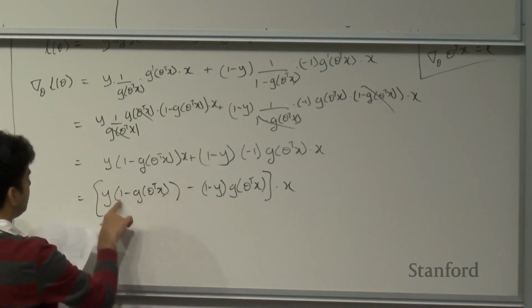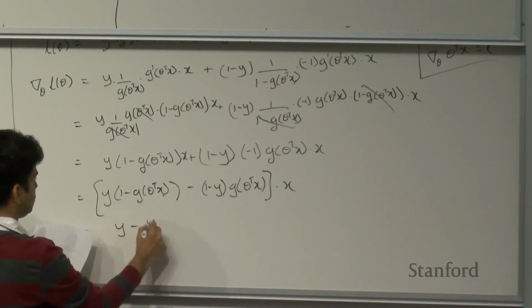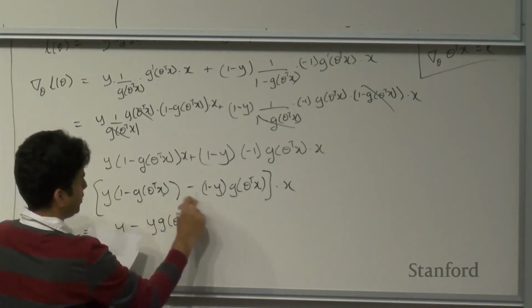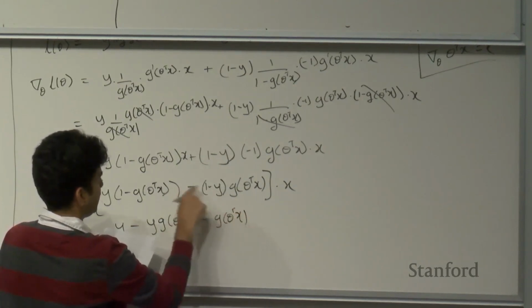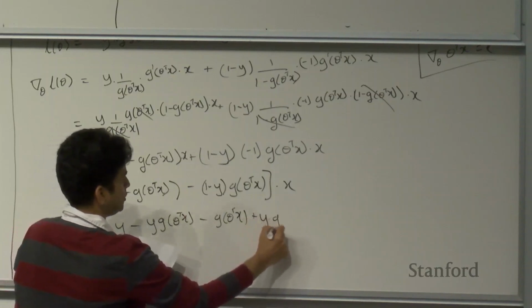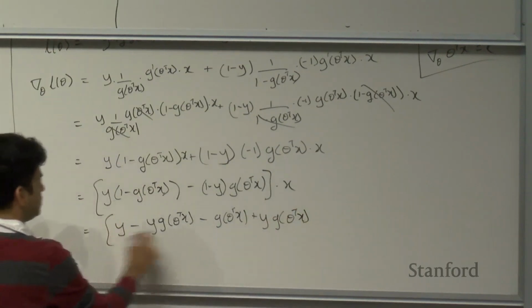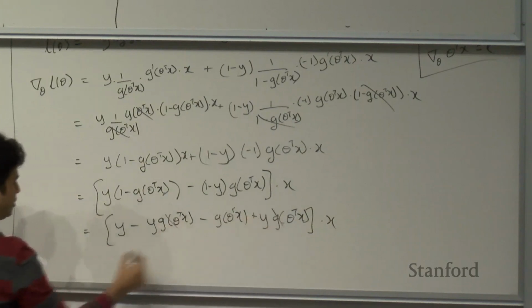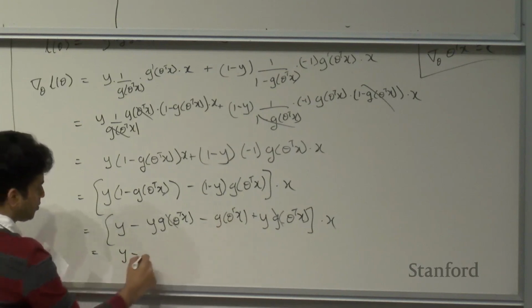So you have y minus y g of theta transpose x minus g of theta transpose x, minus and minus, plus y g of theta transpose x, the whole thing times x, and these two cancel, and you're going to get the gradient to be equal to y minus g of theta transpose x, which is just h theta of x, times x.